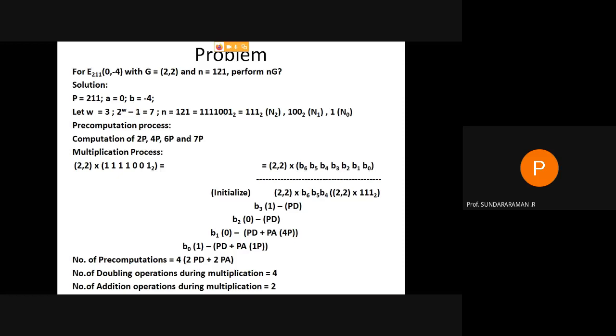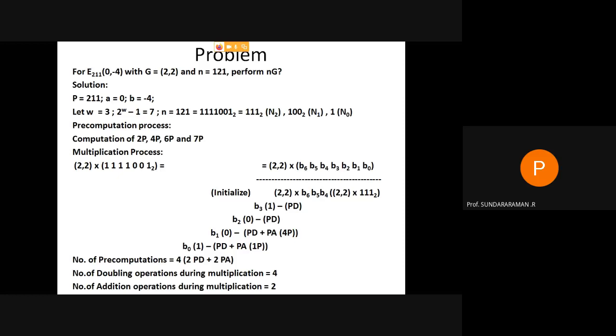Now, if you look at the given operation, we have to perform 7p, that is 111, whose decimal representation is 7. So 7 into p, that is n2 into p, and n1 into p. Those are the two operations to be performed, because n0 is equal to 1, and 1 into p equals p. 111 into p is equal to 7p, and 100 into p is 4p.